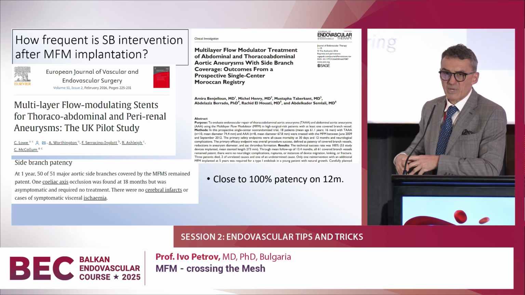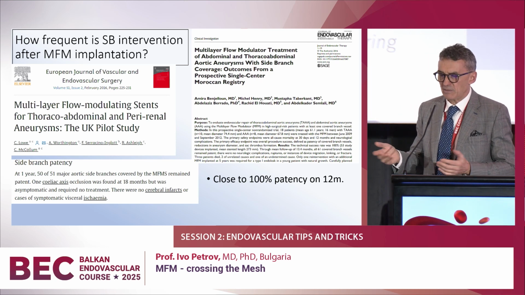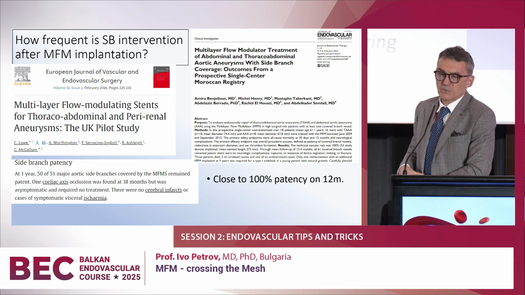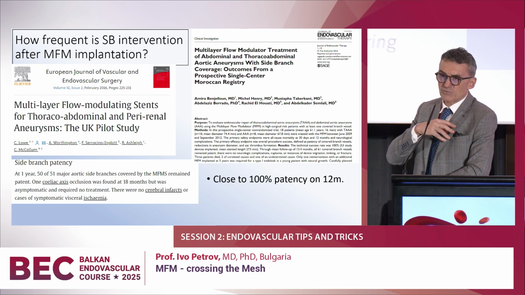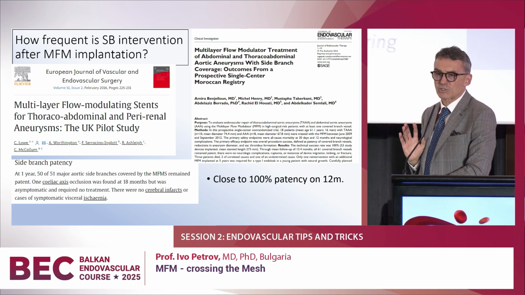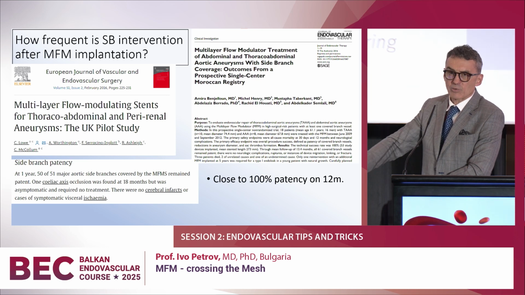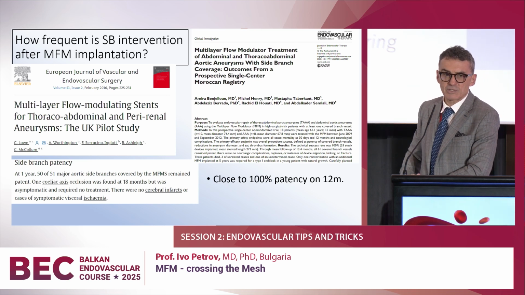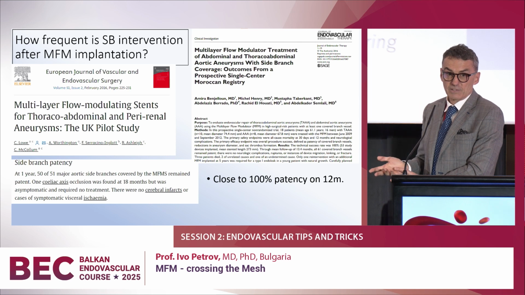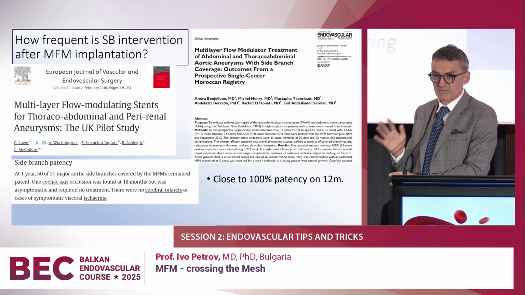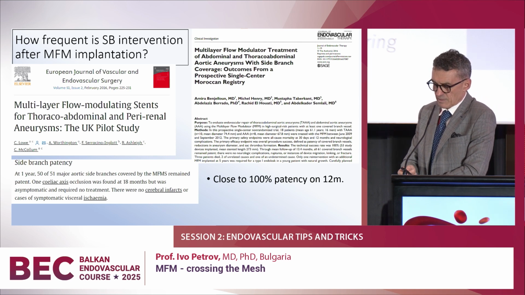In a bailout situation, he was dying, we implanted a multi-layer flow modulator from the ascending aorta across all the brachiocephalic vessels, all the way down to stents to the renal arteries. And he survived, and he's still living 7 years after the procedure and 5 years after the publication of this case.